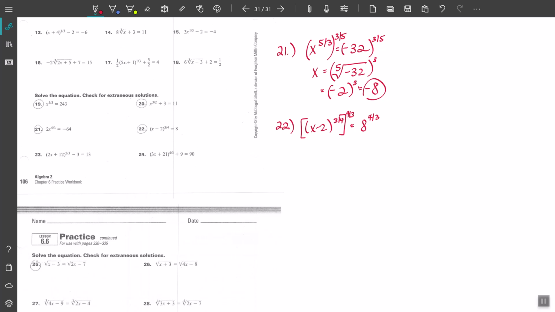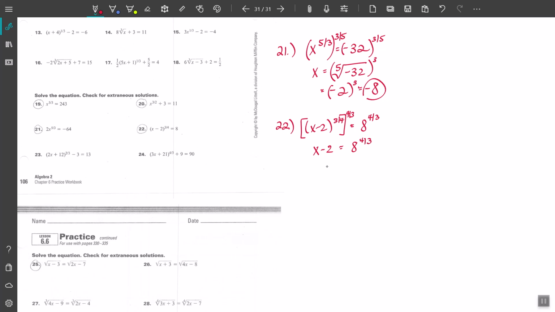Okay, I'm bracketing it just because I've got that x minus 2 in parentheses. So that entire thing in the parentheses is being raised to the 3/4 power. So we're going to raise that whole binomial to the 4/3, and that will undo the exponent. So we end up with x minus 2.